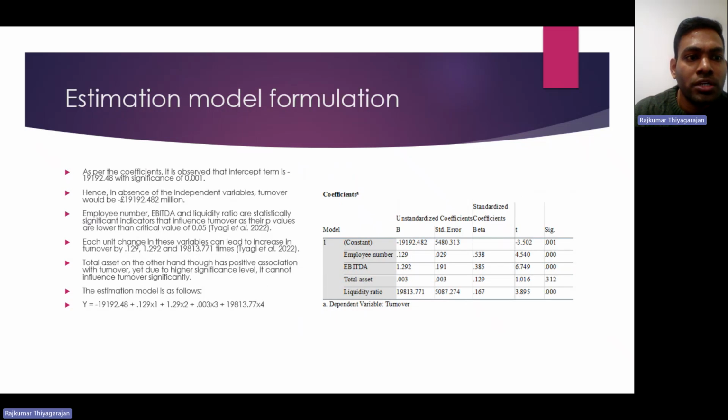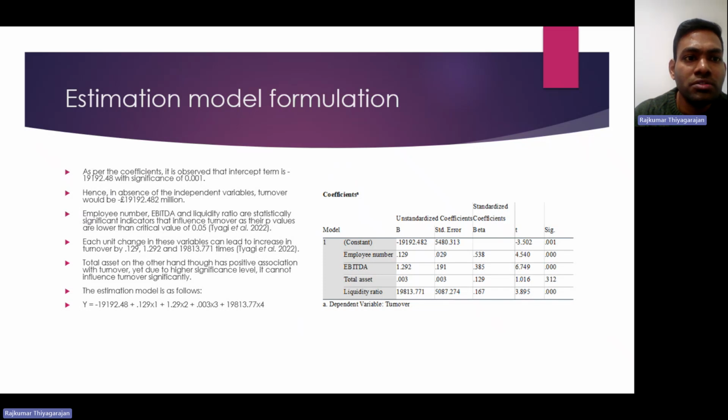The next topic I'm going to tell about is the estimation model formulation. The estimated model highlights key predictors of turnover. The intercept of 19,192.48 million suggests a baseline turnover in the absence of independent variables. Employee numbers, EBITDA, and liquidity ratios emerged as statistically significant factors.